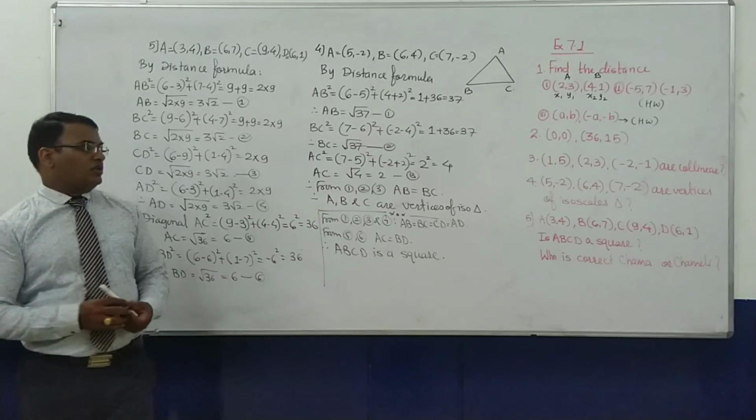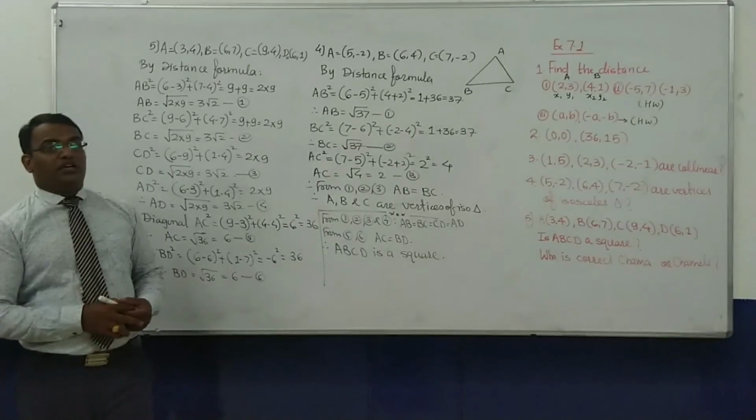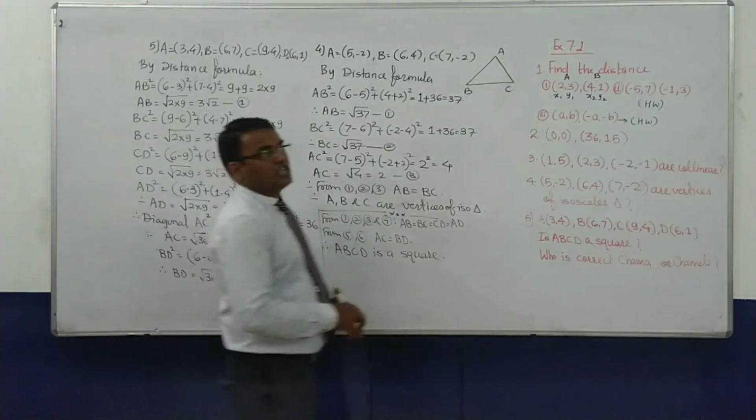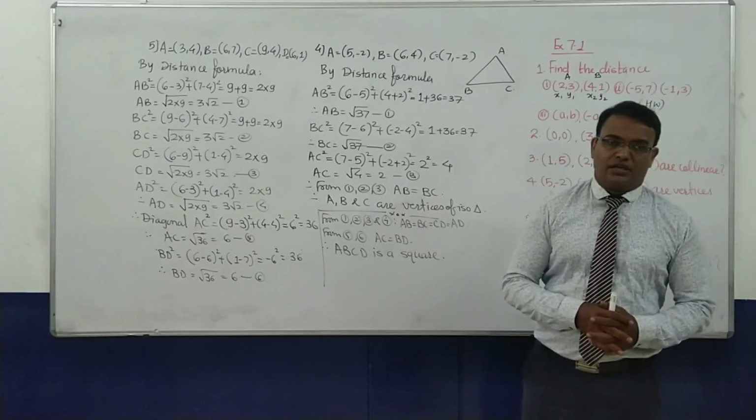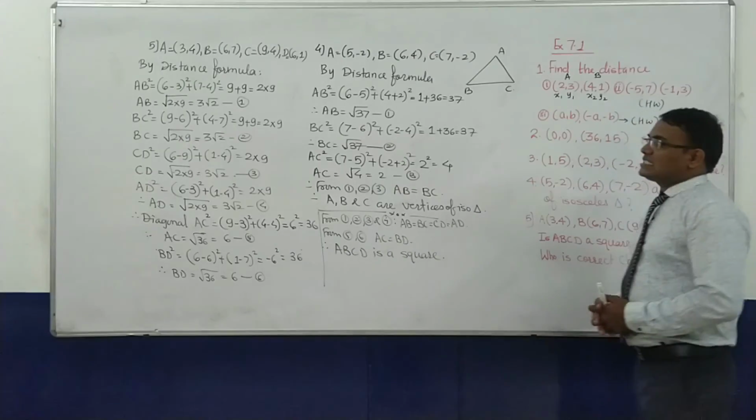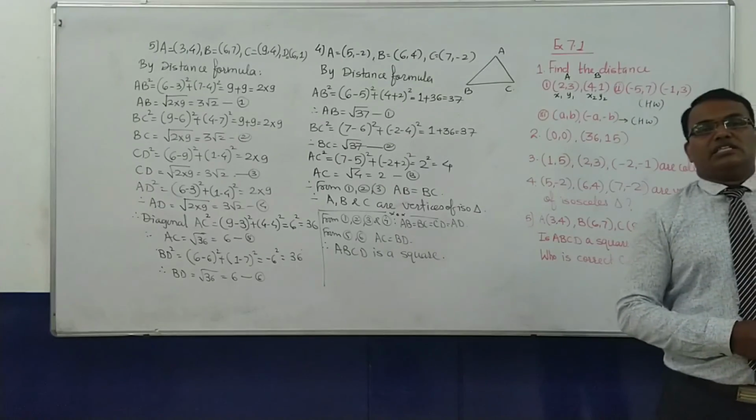So this is what the first 5 sums along with the introduction part of chapter number 7, that is coordinate geometry. Now the next sums we will be doing in the next video.